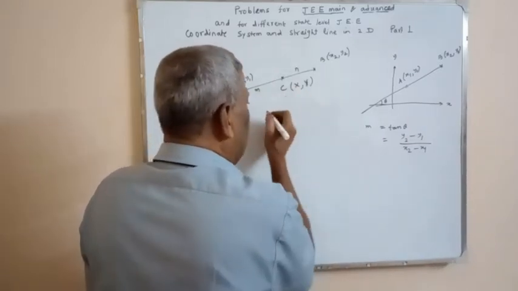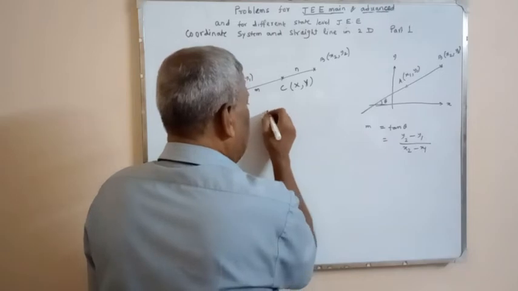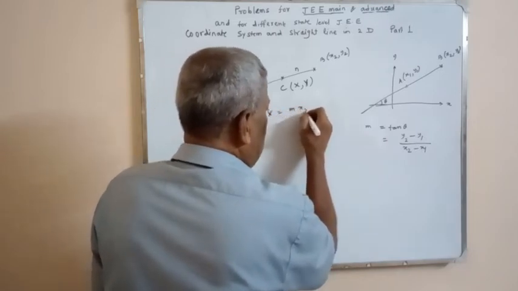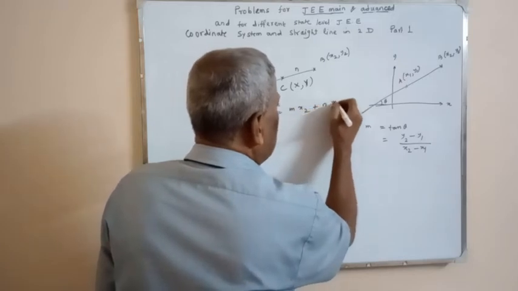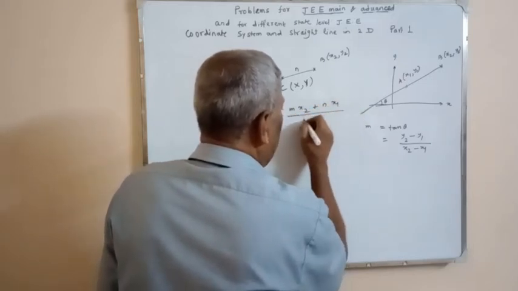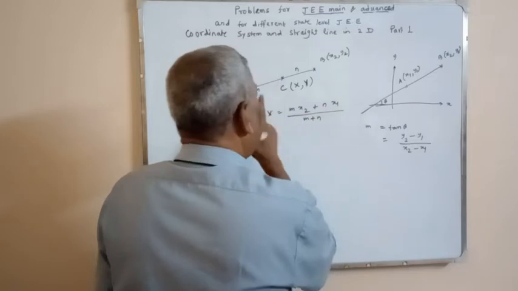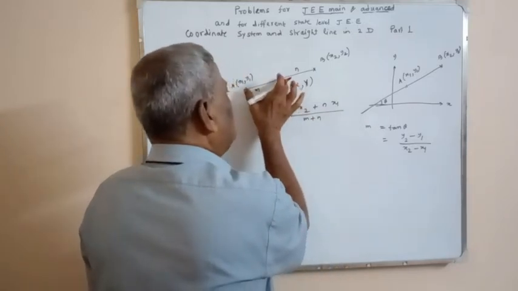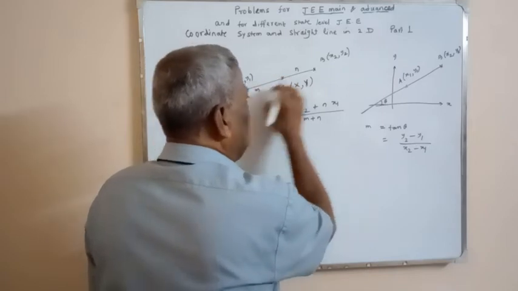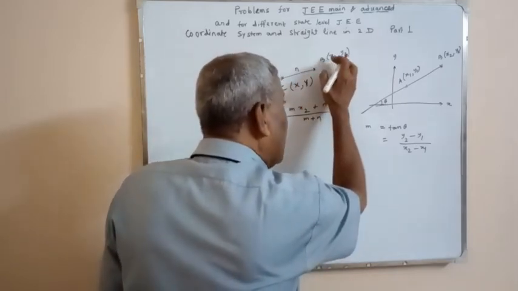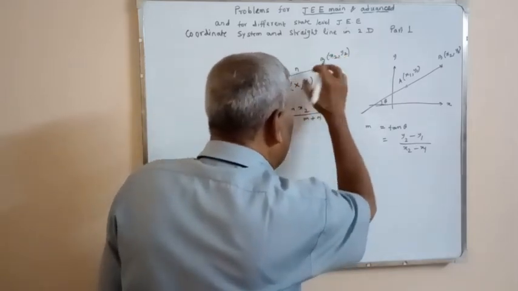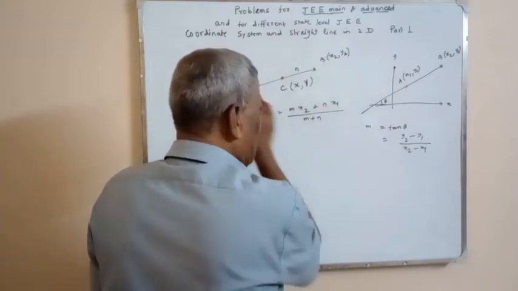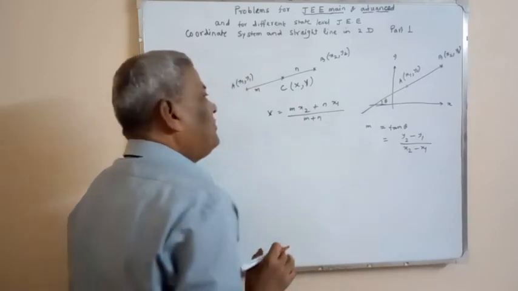Then the coordinate of C, that is capital X, the x coordinate, is m into x2 plus n into x1 by m plus n. It is in fact this section ratio multiplied by the x coordinate of the other point, and n into x1, divided by m plus n.